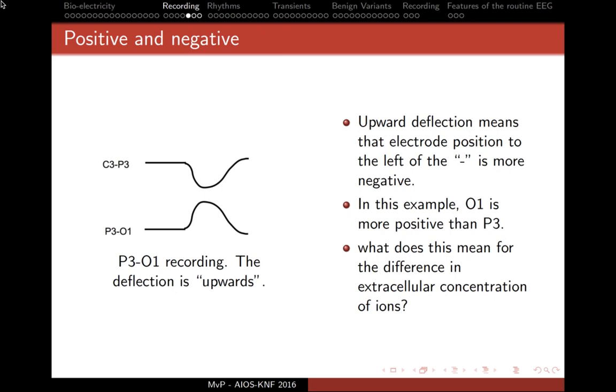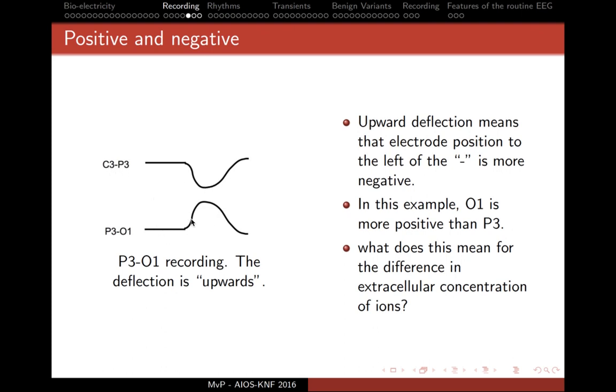In this example, we have shown a recording between C3 and P3 and another trace between P3 and O1. Now, the convention is that if the curve bends downwards, as indicated here, that at that particular moment, the electrode to the right is more negative than the electrode to the left. So at this particular moment, P3 is more negative than C3.